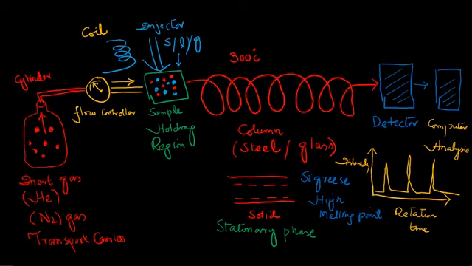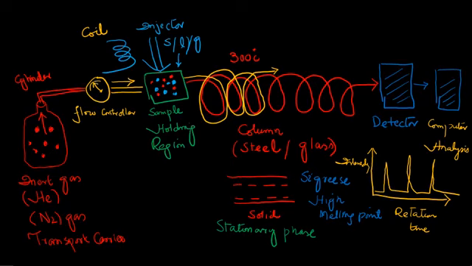Both the sample in the form of a gas and the inert gas are mixed in the sample holding region, and then the mixed gas is transported into a tube, which is known as a column. This is a column. So the sample will be transported inside the column.